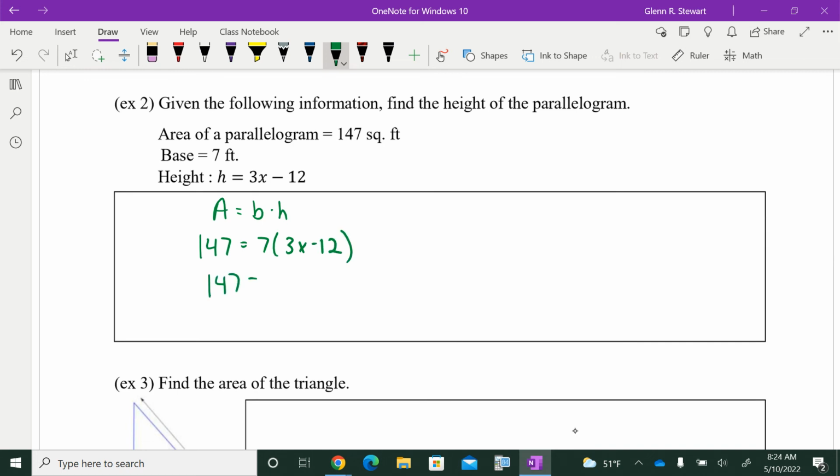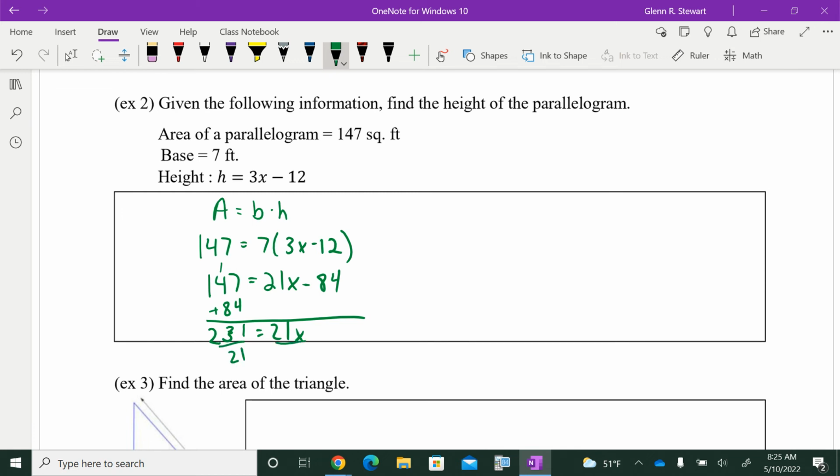And solve. So 147 is equal to 21x minus 84. Going to add 84 to both sides. So 21x is equal to 231.